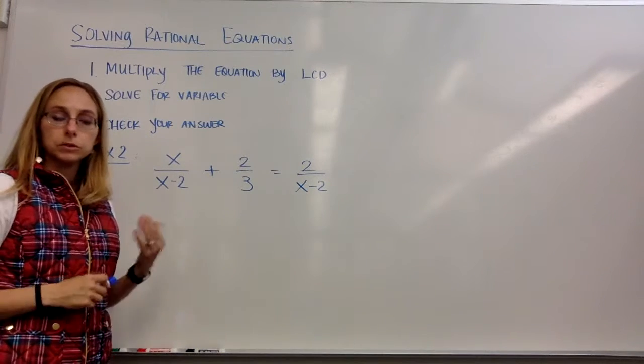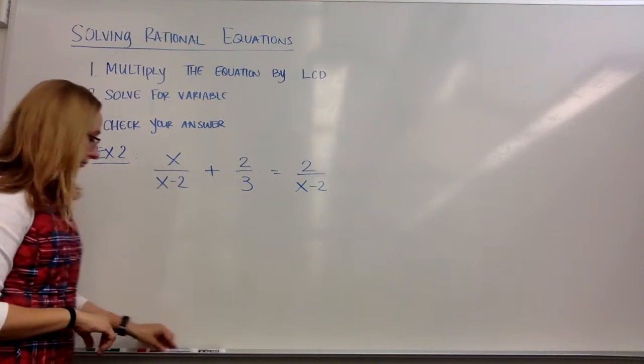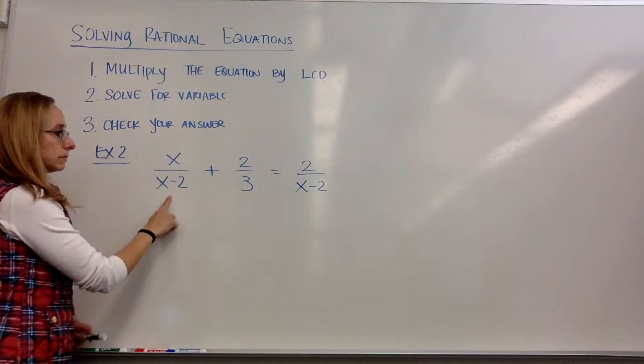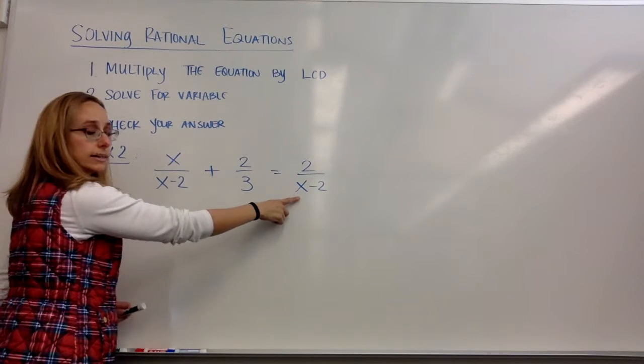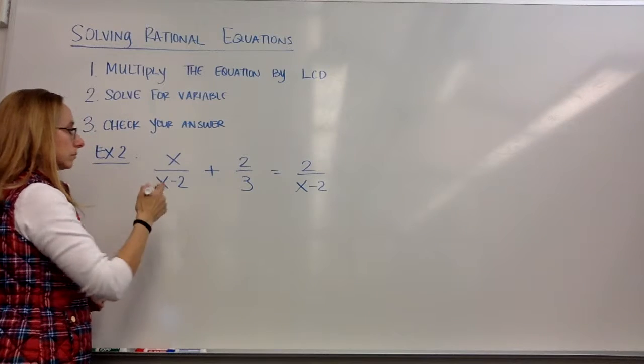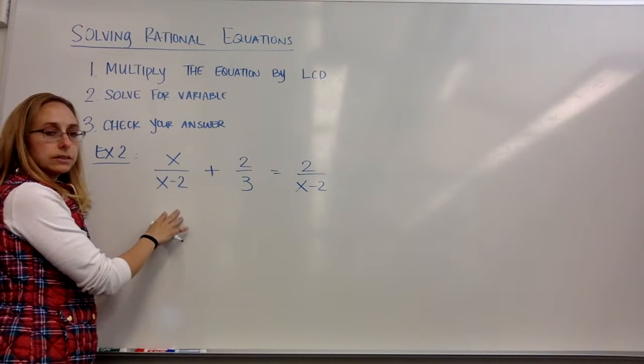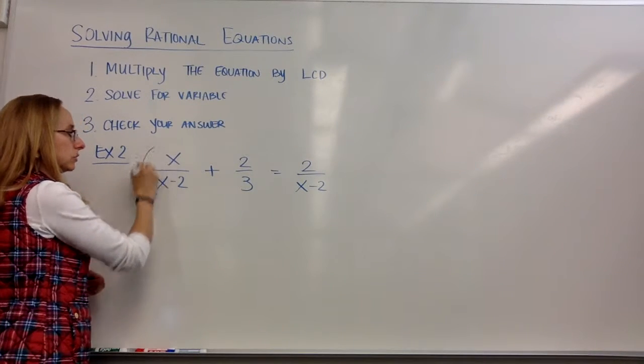Again, the first step is to multiply by the least common denominator. So we have x minus 2, 3, and x minus 2. The least common denominator in this case is going to be 3 times x minus 2.